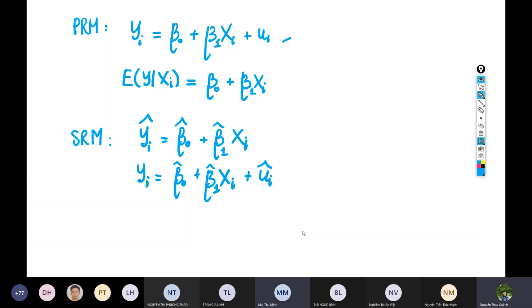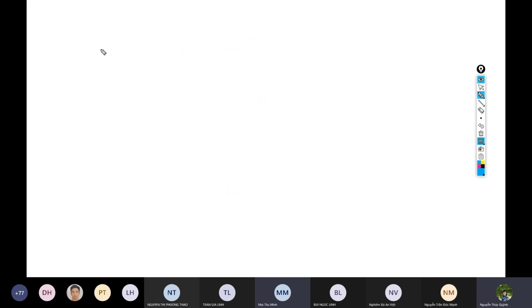The disturbance ui represents other factors that affect the dependent variable.